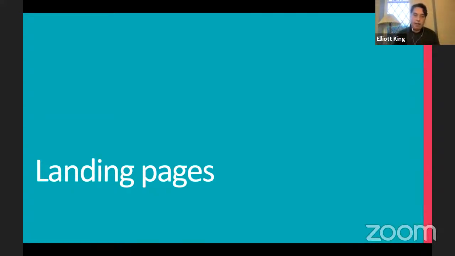So landing pages for advertising campaigns is very clear. But to a certain extent, you can also think about your specific service pages and product pages as landing pages. If they're optimized for SEO, they would be landing pages for SEO.